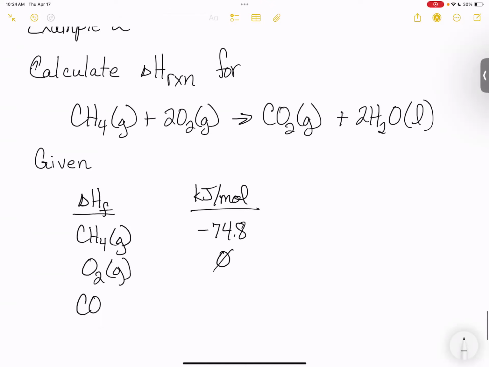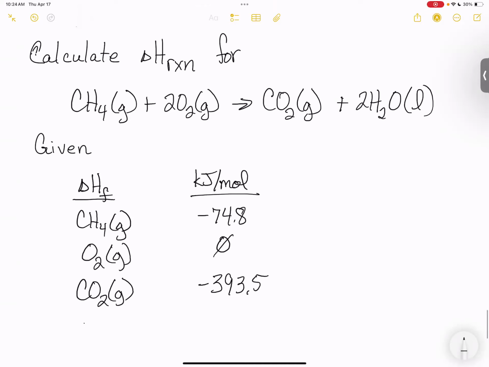CO2 gas is negative 393.5 kilojoules per mole, and H2O liquid is negative 285.8 kilojoules per mole.